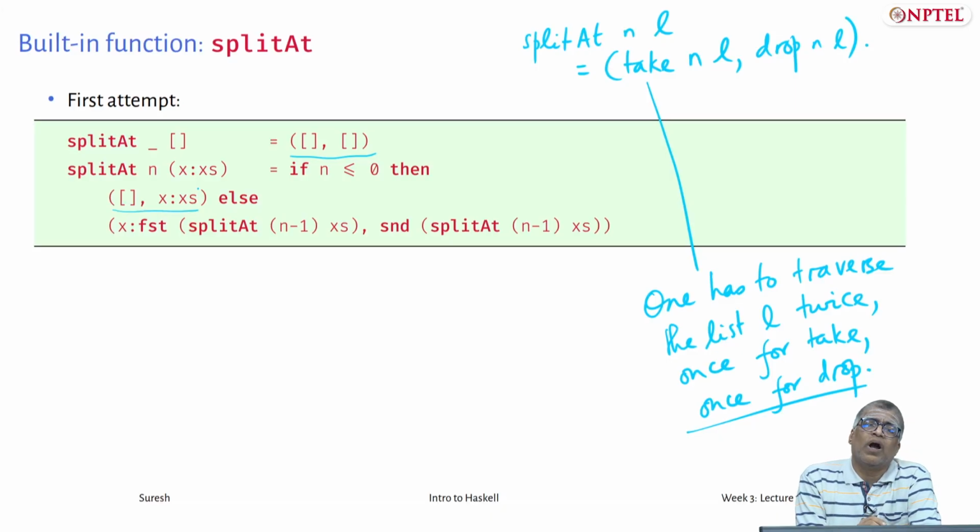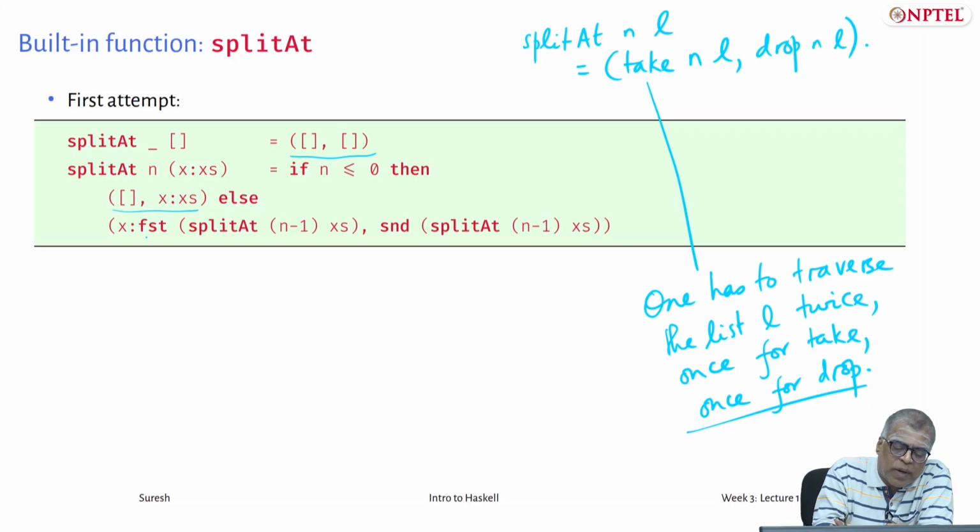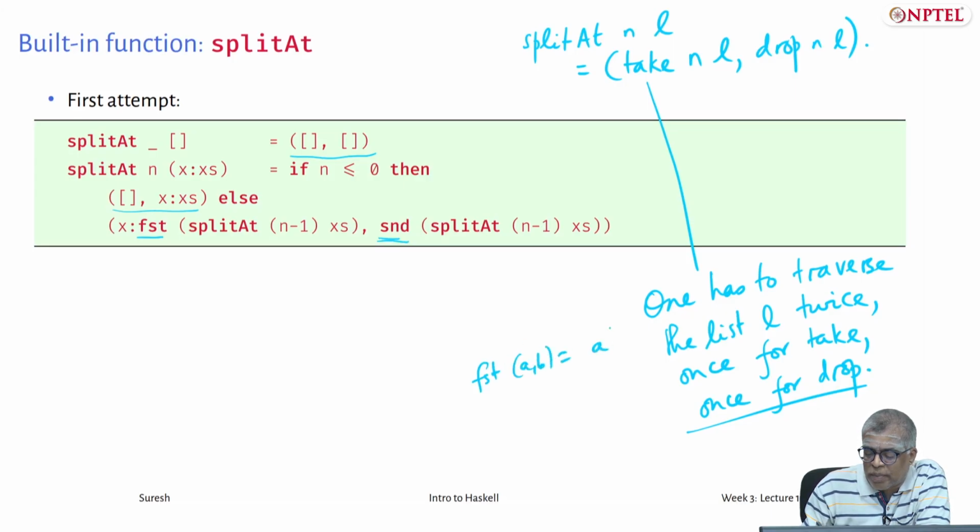Else, I will compute splitAt n minus 1 of x's, and then that will be a pair. I can extract the first part, I can extract the second part. The first part is extracted using the function fst. The second part is extracted using the function snd. Recall that fst of the pair a, b is a, snd of the pair a, b is b.